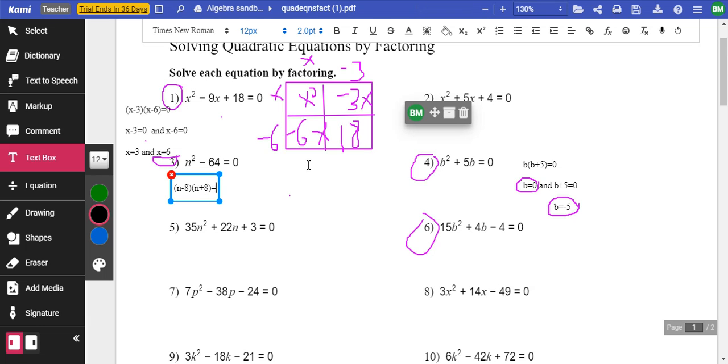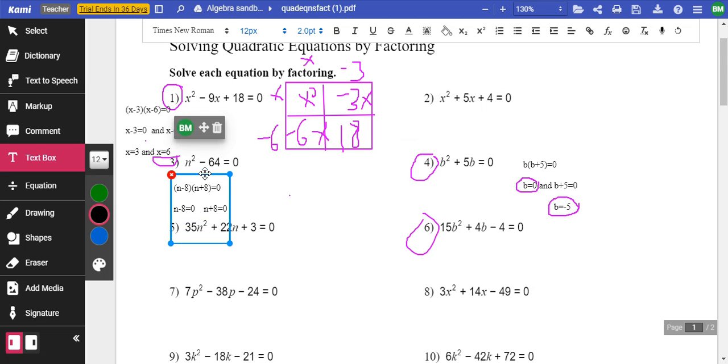But remember, it equals 0. So we have to solve this. We have to go n minus 8 equals 0, and n plus 8 equals 0. And we're going to then get n equals 8 and n equals negative 8. All right. Let's look at 6, though.